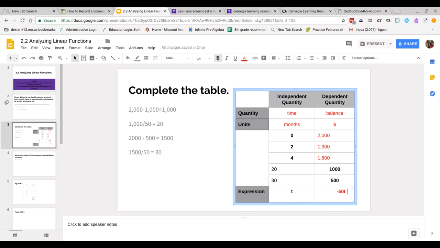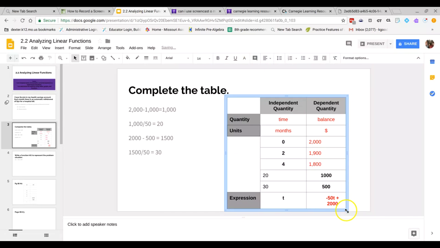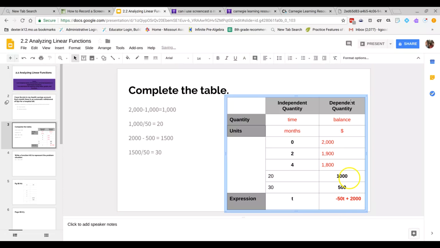The other difference in this scenario is that previously we always started at 0. And in this situation, we start at 2,000, so I need to put plus 2,000. And there you go.